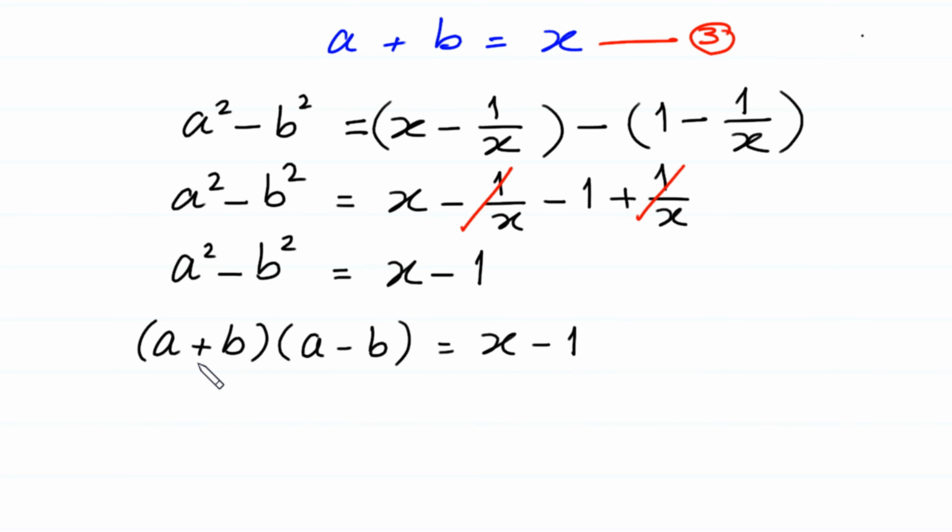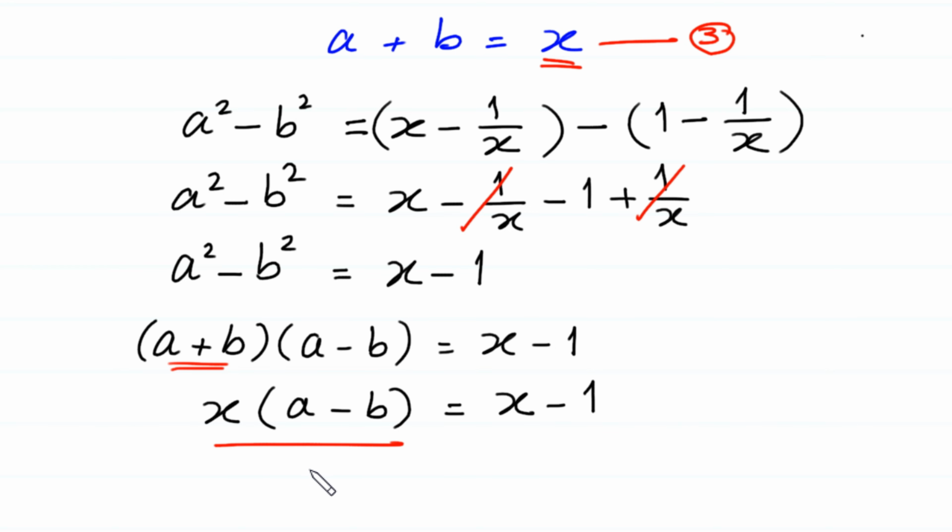Next, from here we put the value of a plus b, x. x times a minus b is equal to x minus 1 and we divide both sides by x.